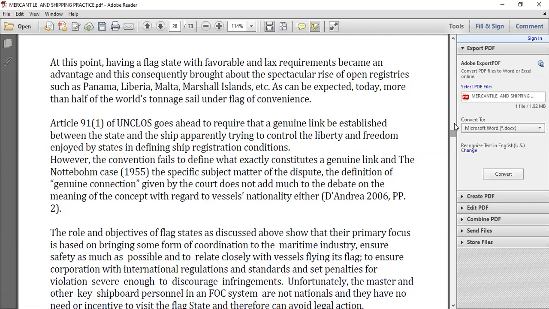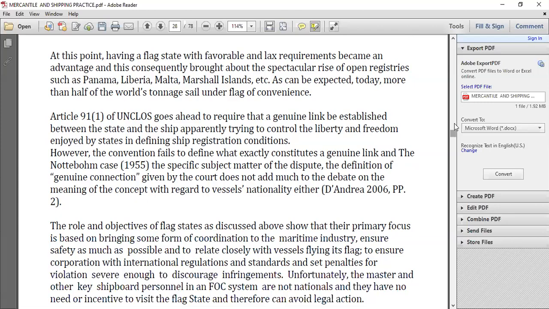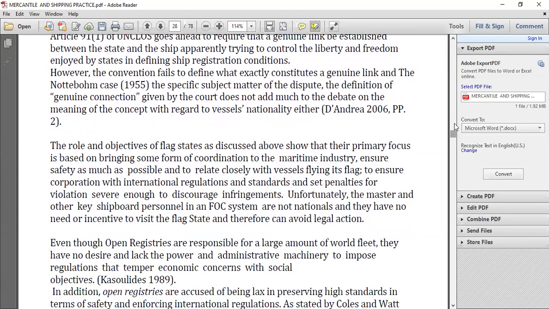Now, the role and objective of flag states discussed above show that their primary focus is on bringing some form of coordination to the maritime industry.